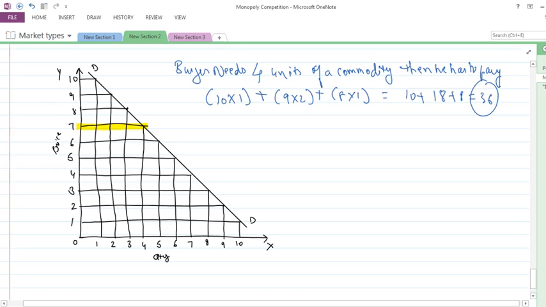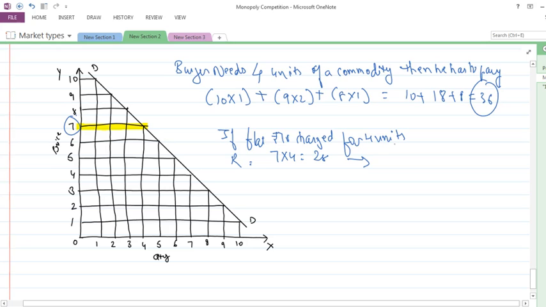Now, assuming that the monopolist set the price at 7 rupees, if a flat 7 rupees is charged for 4 units, the monopolist would be getting 7 into 4, that is revenue would be 7 into 4 is equal to 28.